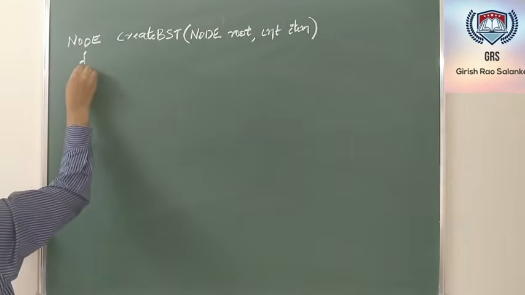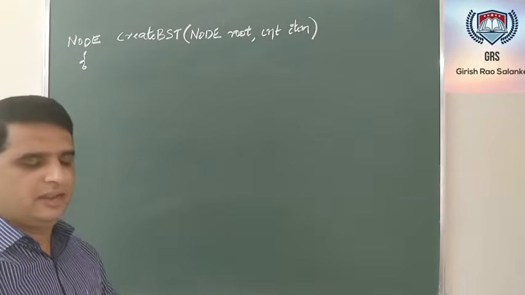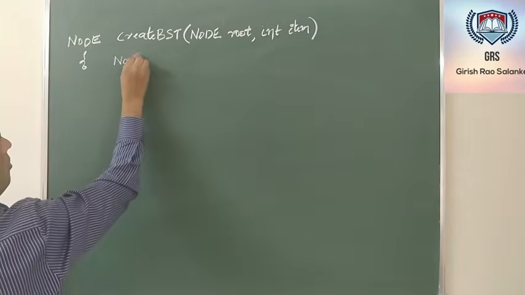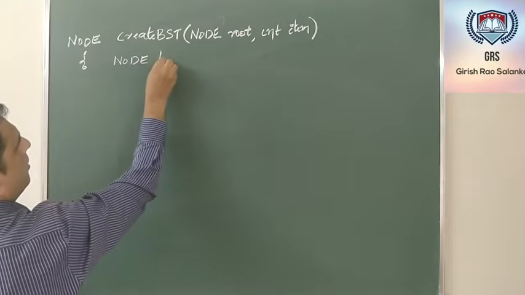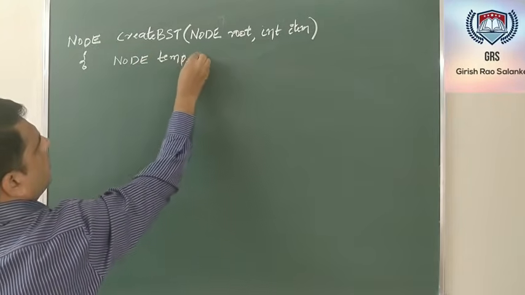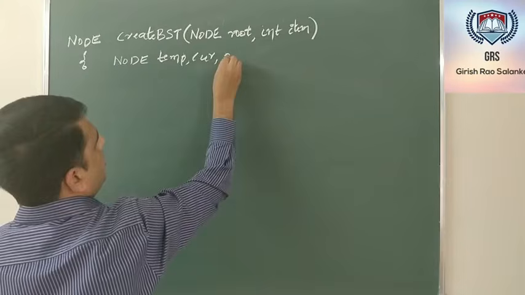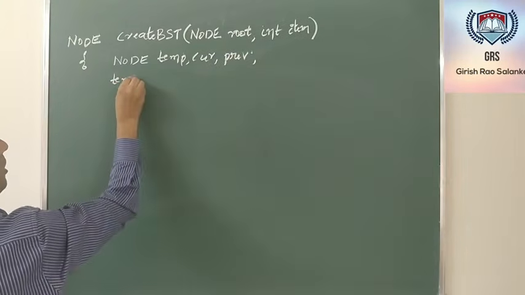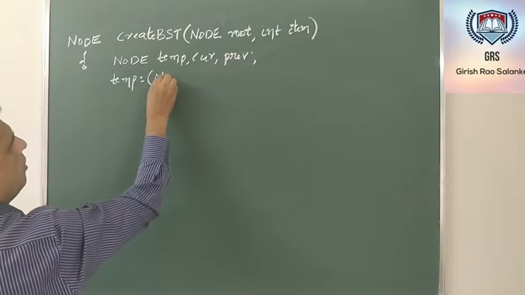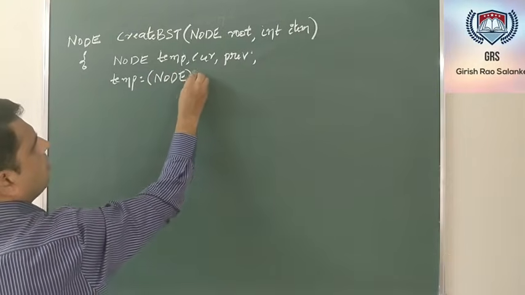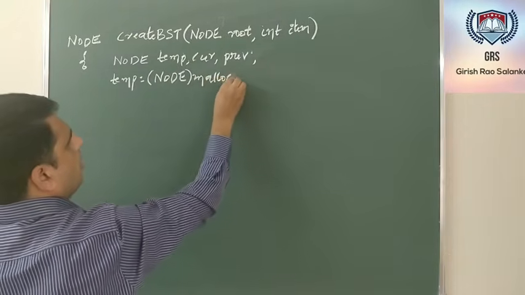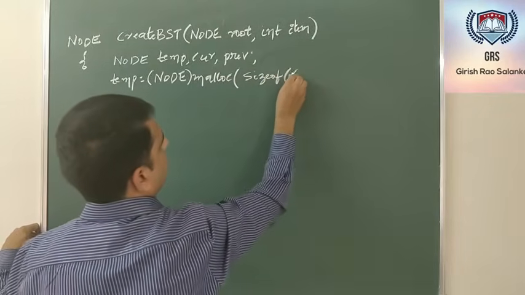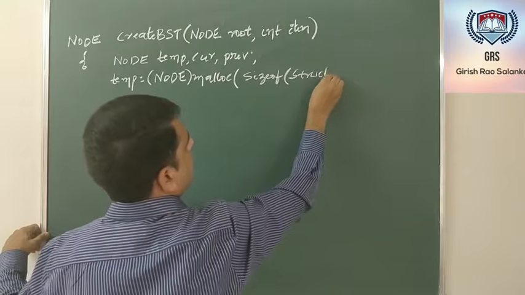In the sense, at the end of the function, let us return the address of the root node. Node temp, current, previous. First thing, allocate memory to temp. Temp is equal to node malloc size of struct node.